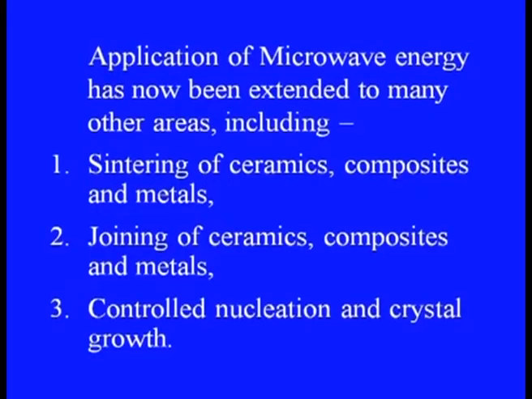However, the application of microwave energy has now been extended to many other areas. This includes number 1, sintering of ceramics, composites and metals, then number 2, joining of ceramics, composites and metals, then number 3, controlled nucleation and crystal growth, then number 4, drying and synthesis of materials.